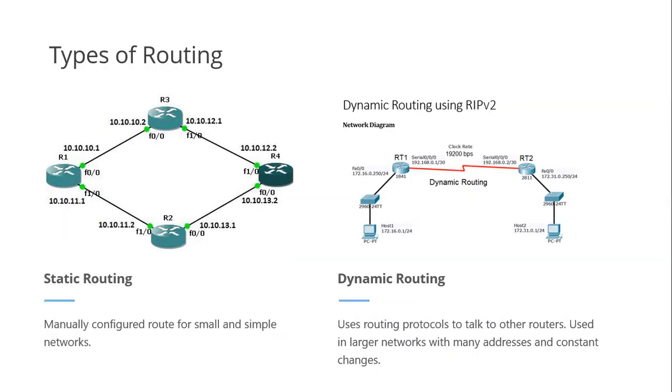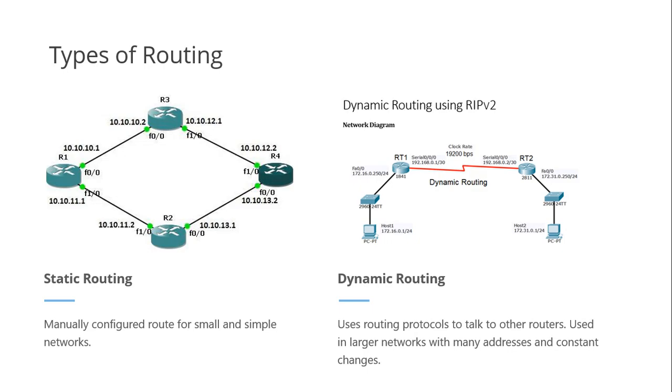Now, we have to discuss first the two main types of routing according to how the packet would travel. If a packet would travel a specific route, regardless of the number of routes available, we call it static routing.